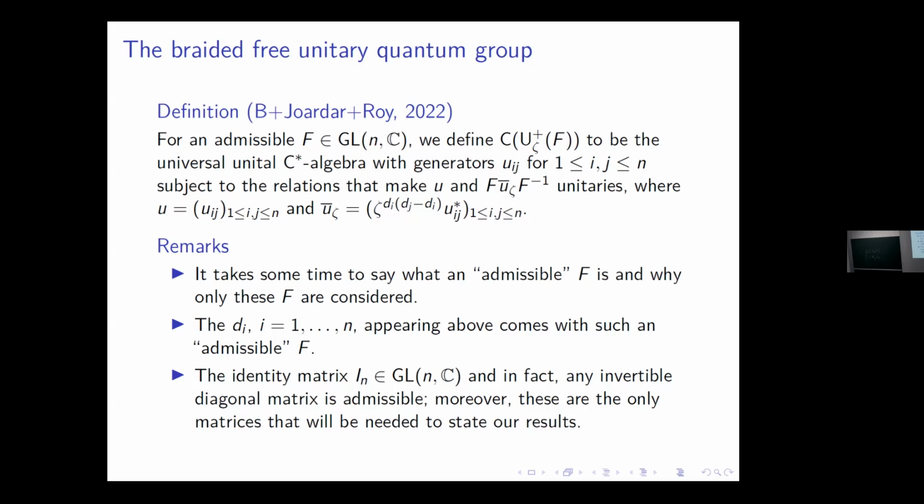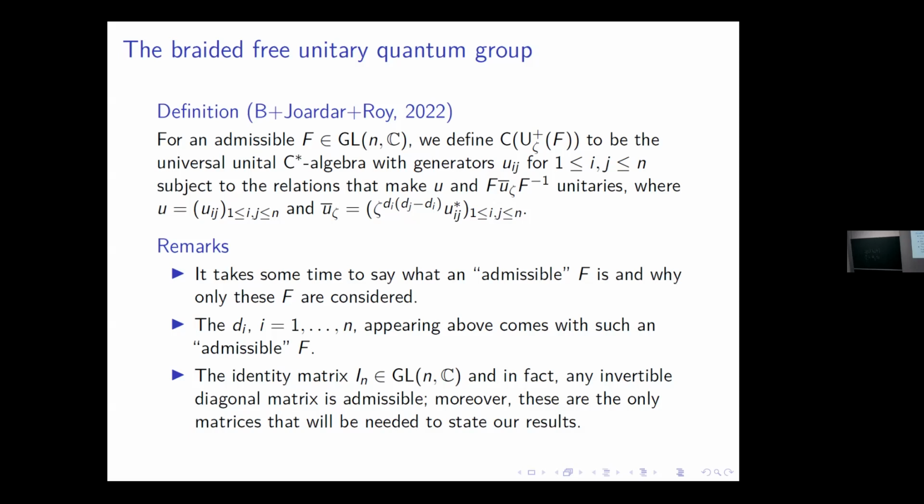But since I have a T action involved, if you apply the co-multiplication, you would expect that u_ij goes under the co-multiplication to the matrix co-multiplication, so u_ik tensor u_kj, where k runs over 1 through n. Then u star ij, this matrix is not a co-representation.